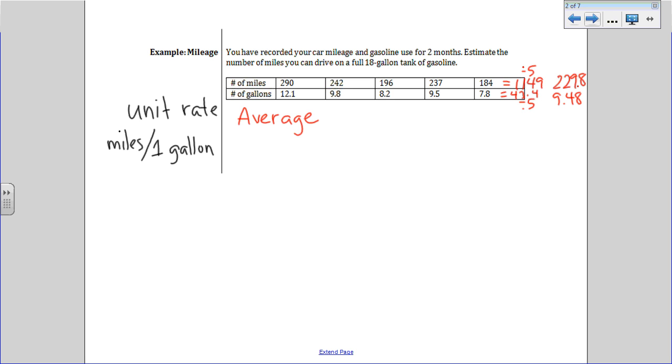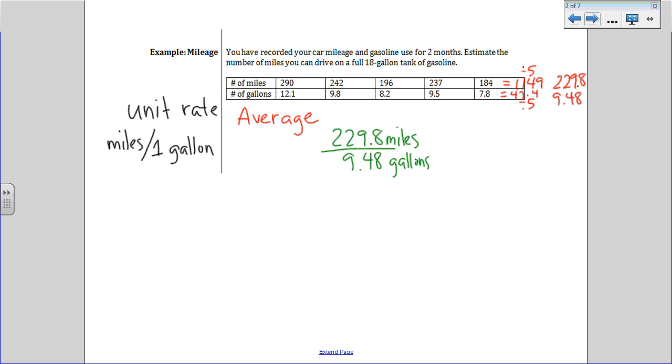So what I know is that I had an average of 229.8 miles, and at an average fill up, an average of 9.48 gallons. So miles and gallons. So I'm going to use that average to find my unit rate.